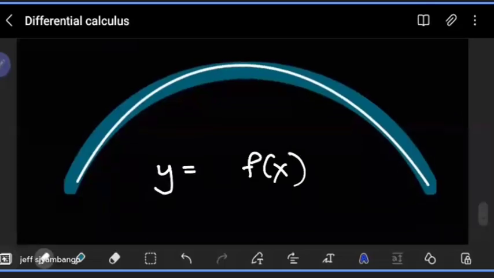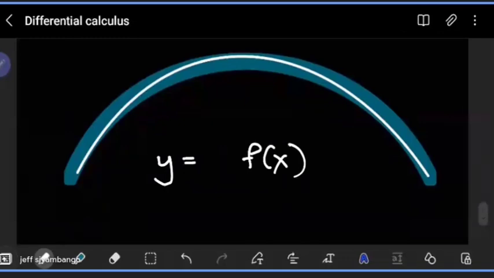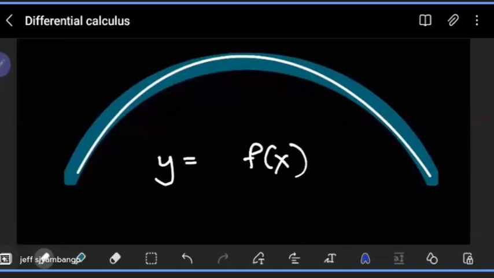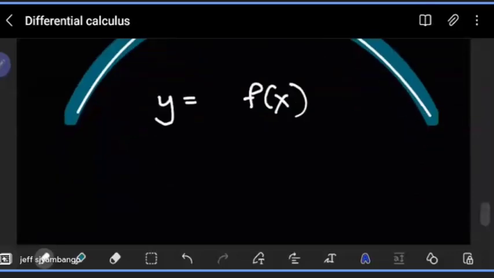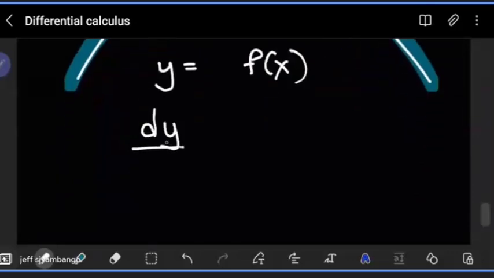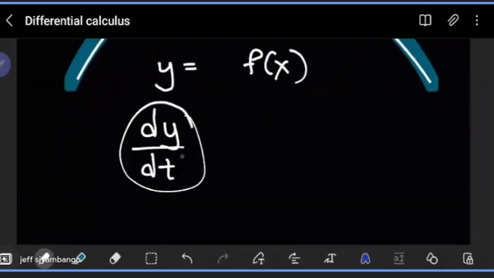Well, in this case, we can actually determine how fast the distance is changing with respect to time. And to do that, we would need to get the change in the distance with respect to time. This will give us the rate of change of the position of this object with respect to time.